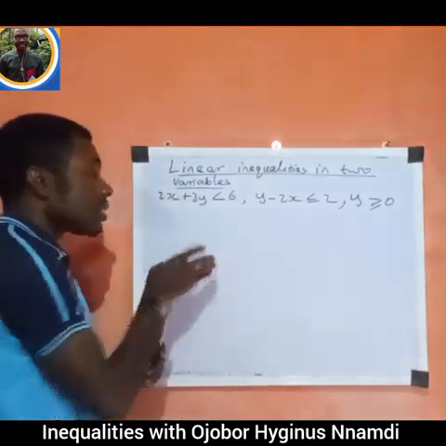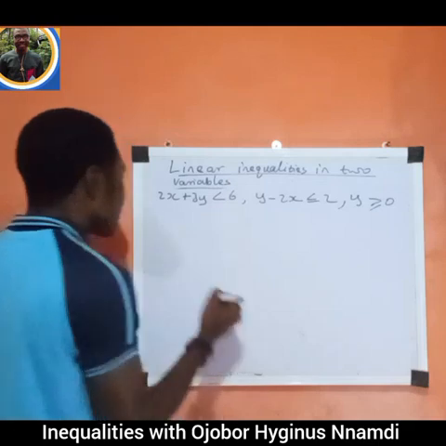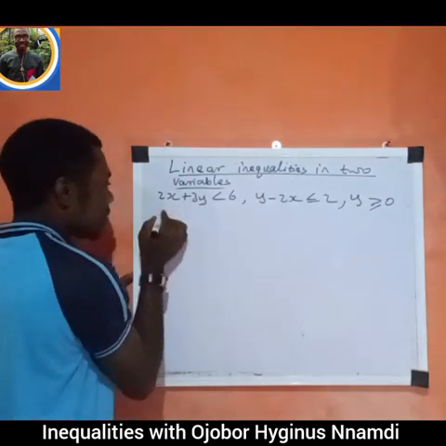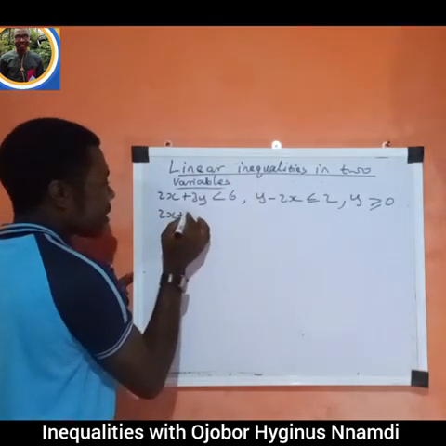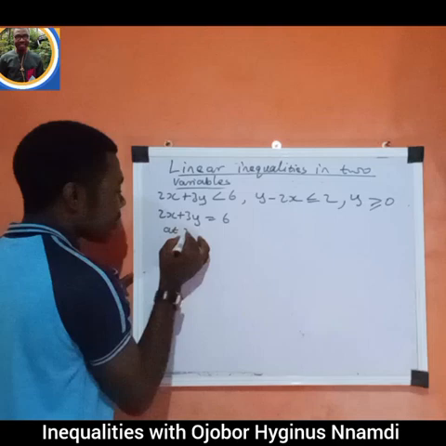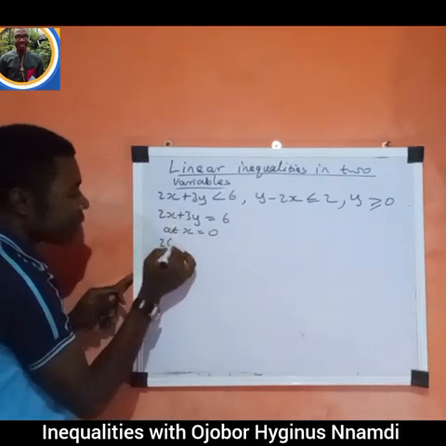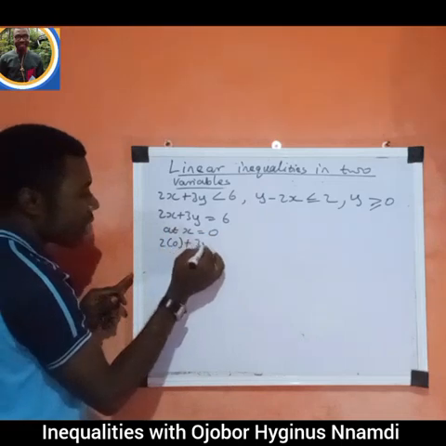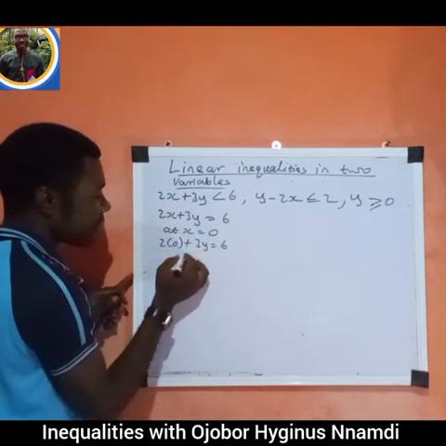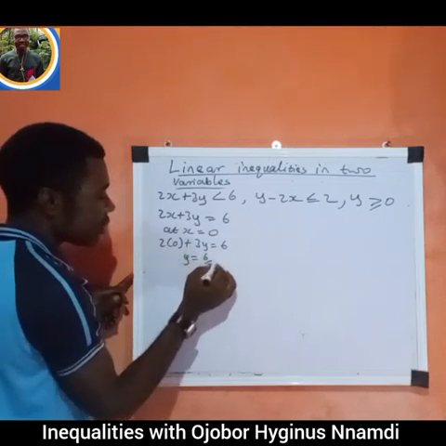We will do the same thing, solve for this, and solve for this to get the coordinates of the points. So we assume this to be an equation where we say 2x plus 3y equals 6, and at x equals 0 we have what? 2 times 0 plus 3y equals 6. That means y is 6 over 3, and that is 2.